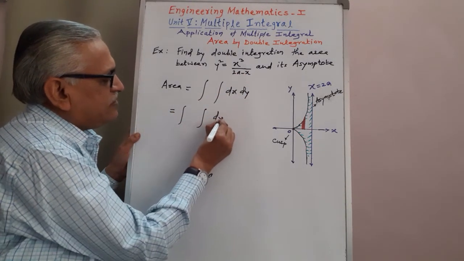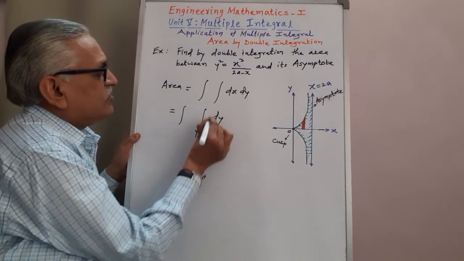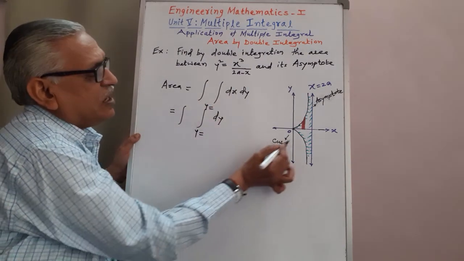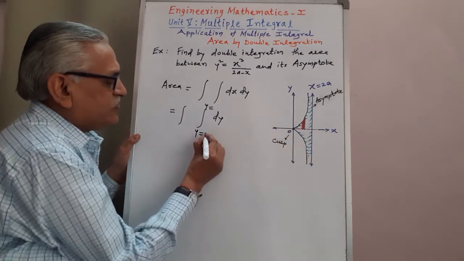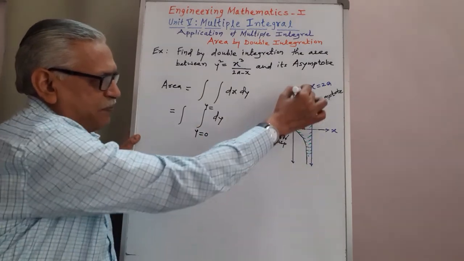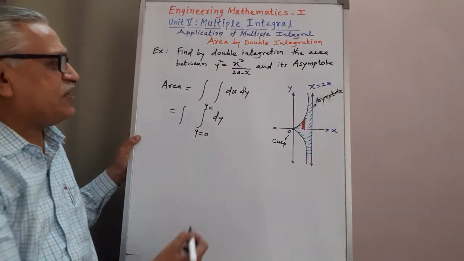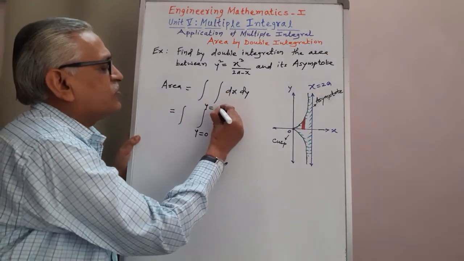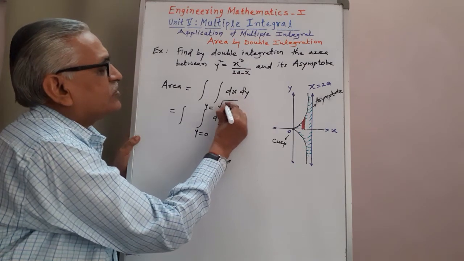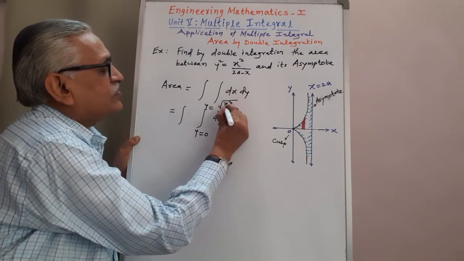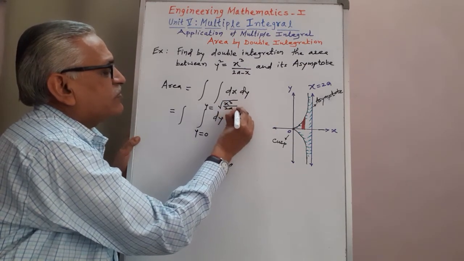As per that strip, the first integration is with respect to y between the limits y equal to 0, since the lower end lies on the x-axis, and the upper end lies on the curve whose equation is y square equal to x cube upon 2a minus x. Taking the square root, we get root of x cube divided by 2a minus x.